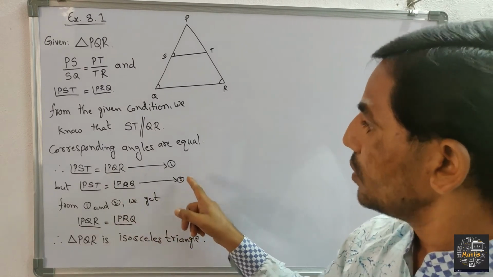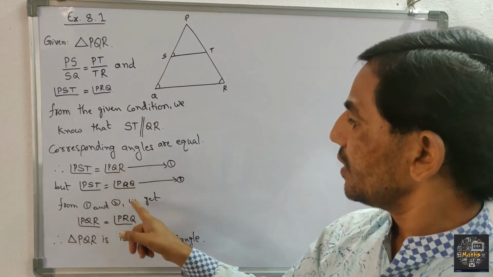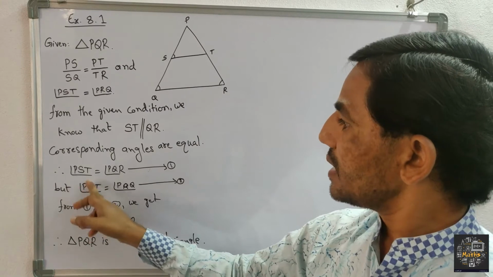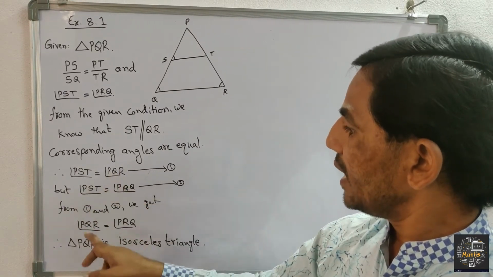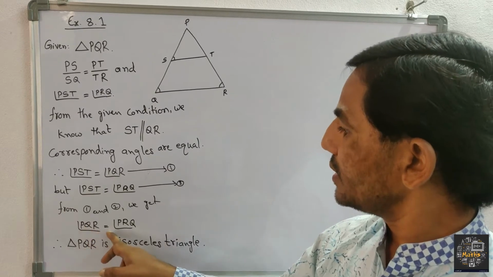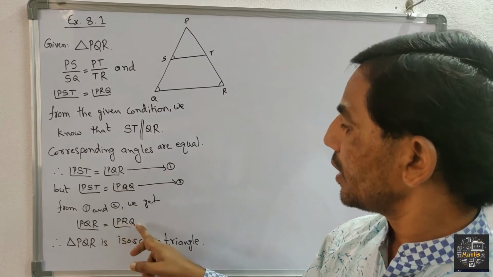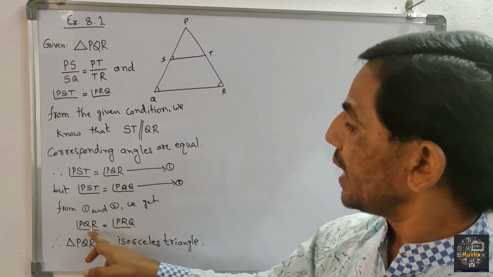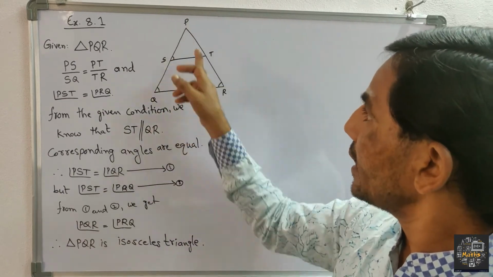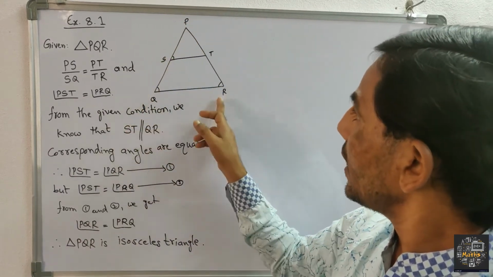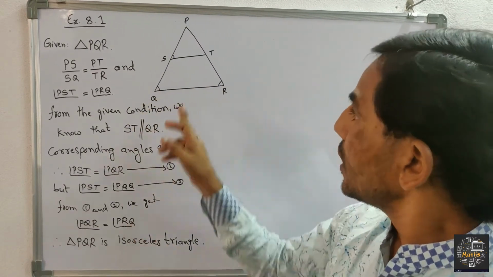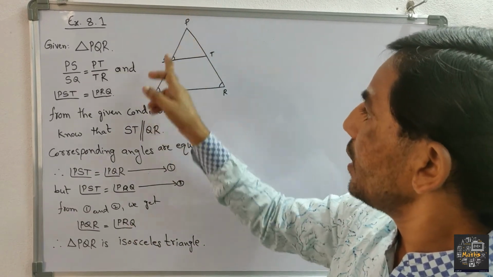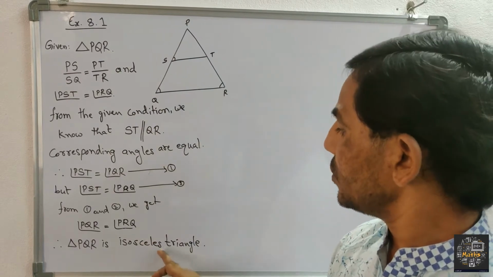So from the first and second equations we get LHS are equal, so RHS values are also equal. Angle PQR is equal to angle PRQ. So these two angles in the diagram, PQR and PRQ, are equal. So the triangle PQR is an isosceles triangle.